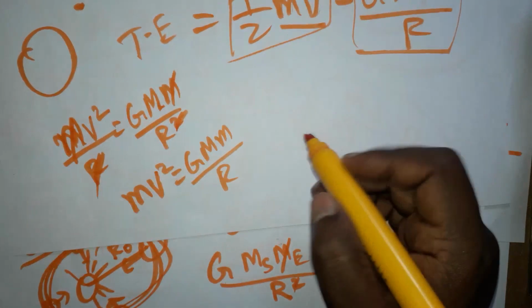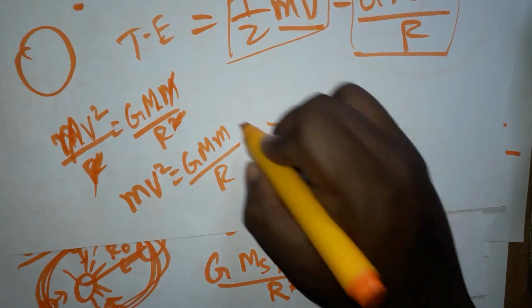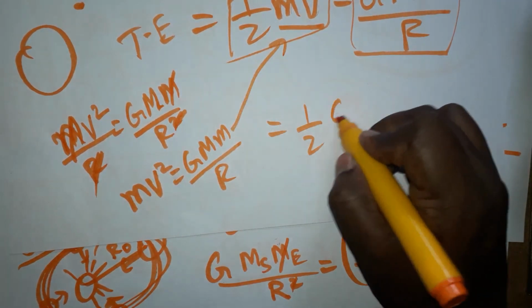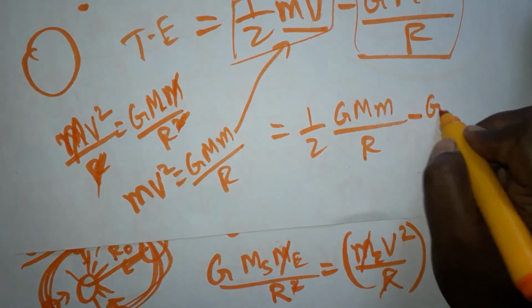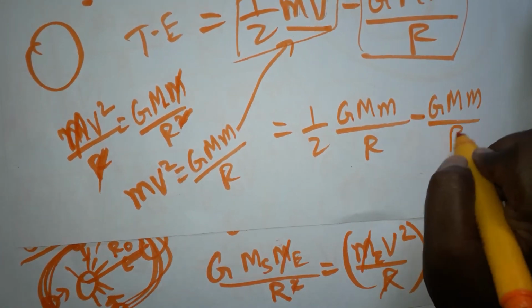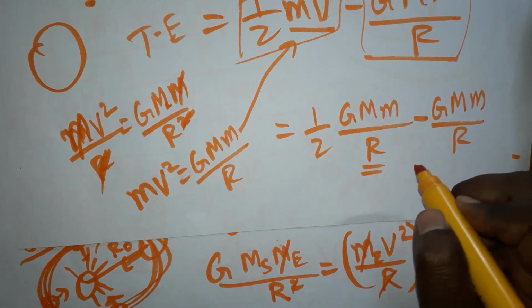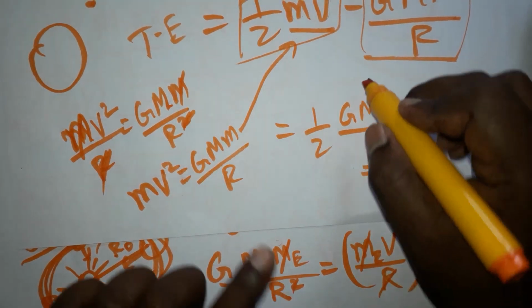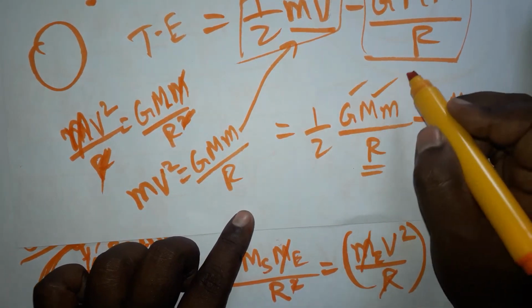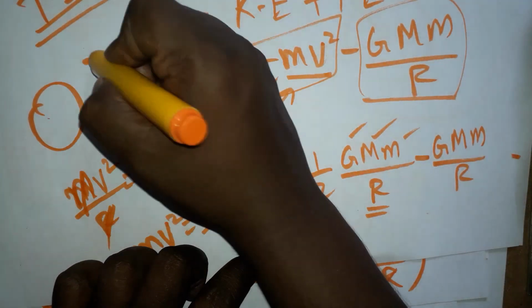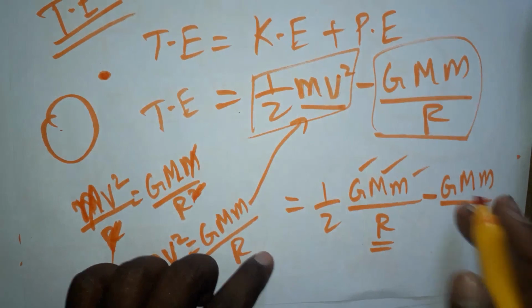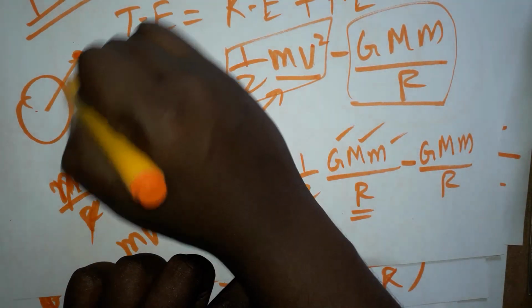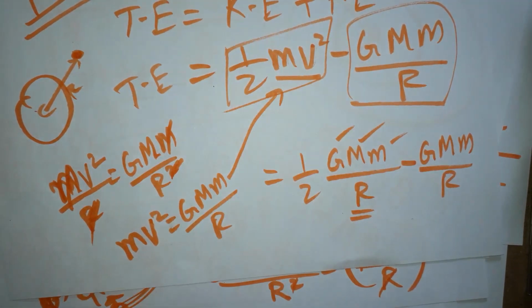So instead of writing mv², you can write the total energy as half times GMm divided by r minus GMm divided by r. G is the universal gravitational constant, mass 1 is the earth and mass 2 is the satellite. This r is the orbital radius.